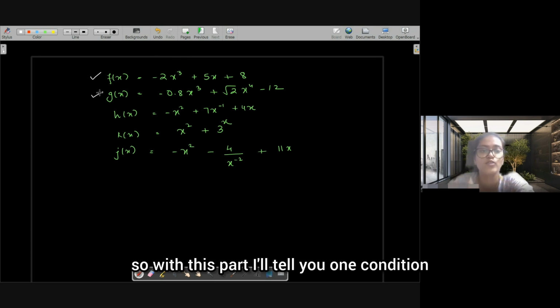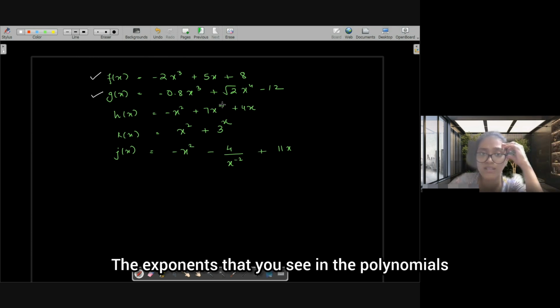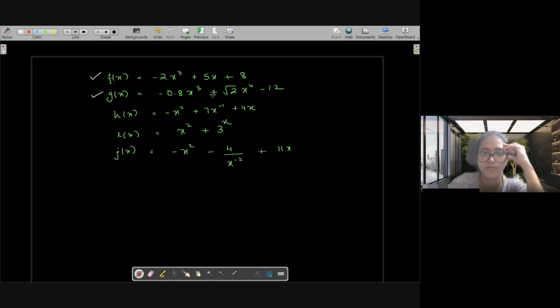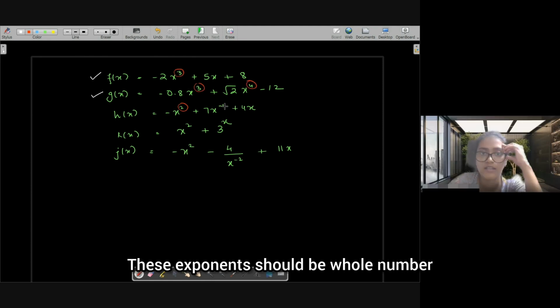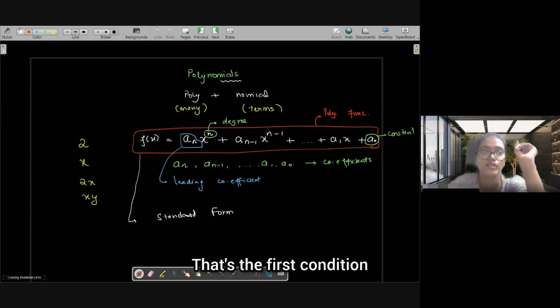Okay. So with this part, I'll tell you one condition that you have to remember for polynomials. The exponents that you see in the polynomials should be whole numbers. That's the first condition.